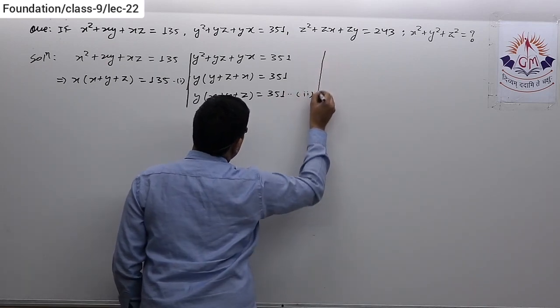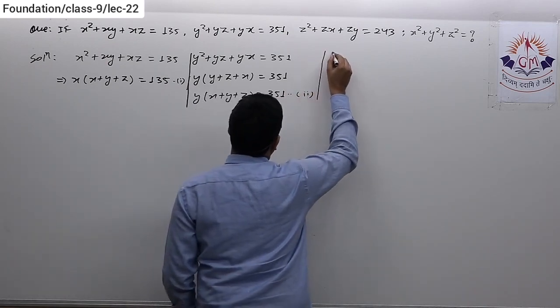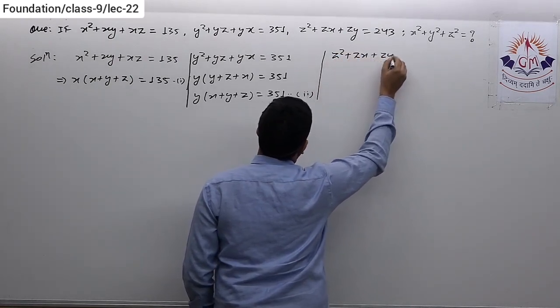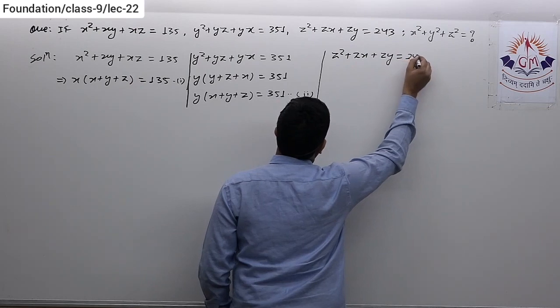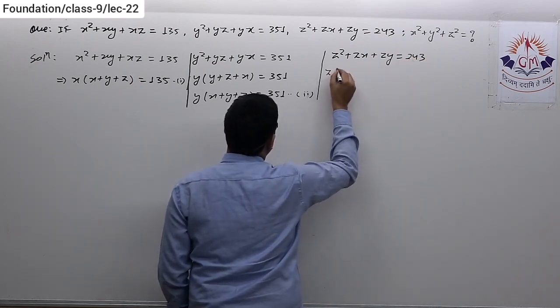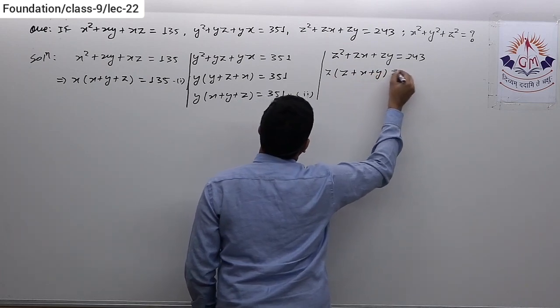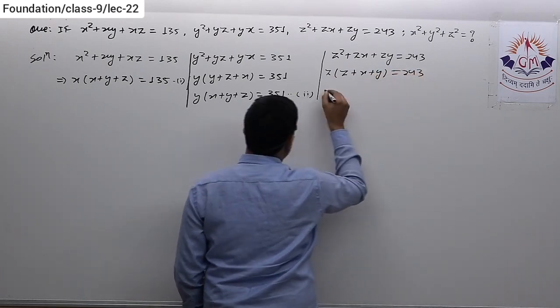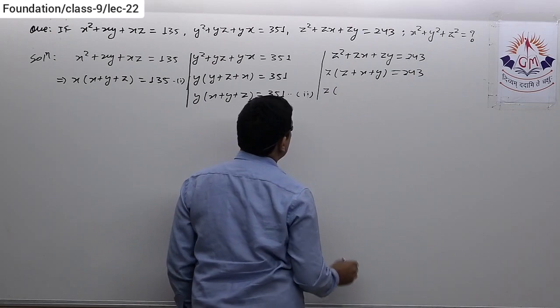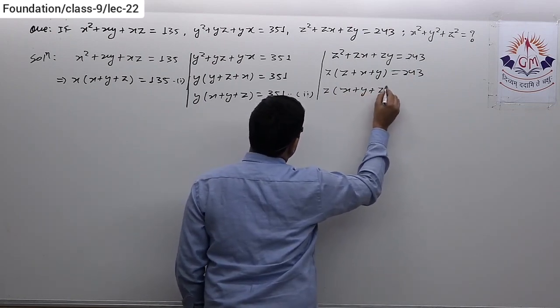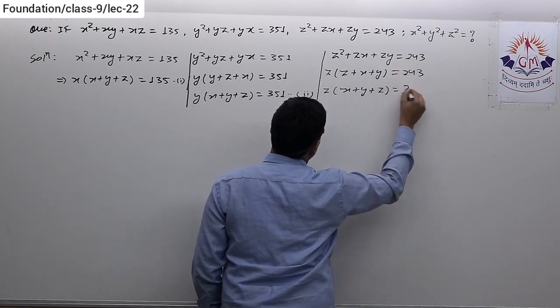In a similar way, if I simplify the third piece of information, you can observe that z is common. If I take z common, I get z times (z plus x plus y) is equal to 243, that is z times (x plus y plus z) equals 243.